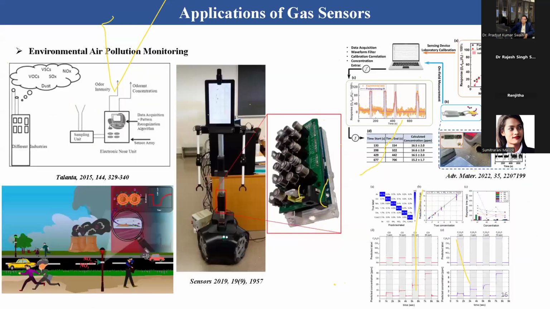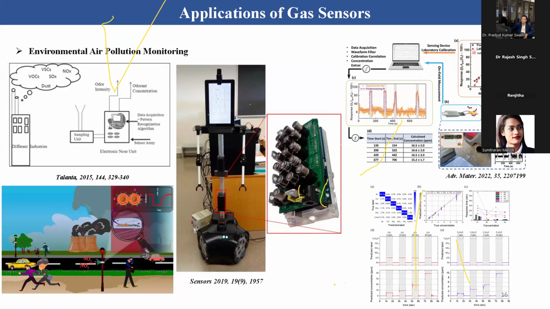Next is environmental air pollution monitoring. This is one of the applications needed for industries. As I told you, industries give out different toxic gases and VOCs, and they need to be continuously monitored. For this monitoring, people depend on an e-nose kind of arrangement. It has a collection of sensors, and each sensor is selective to different gases. So this e-nose system will collect the response from all the sensors.